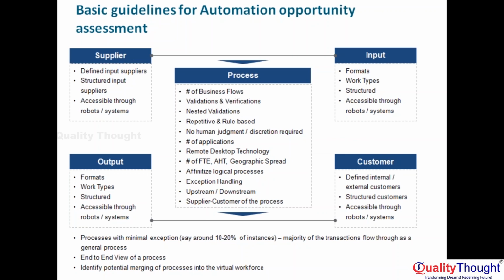Process flow 3, send email to multiple people. So identify all the sub processes, how many business flows you have in each process. If you have more business flows, then it is complex to automate. Based on the business flows, we decide the complexity and benefits of automation.